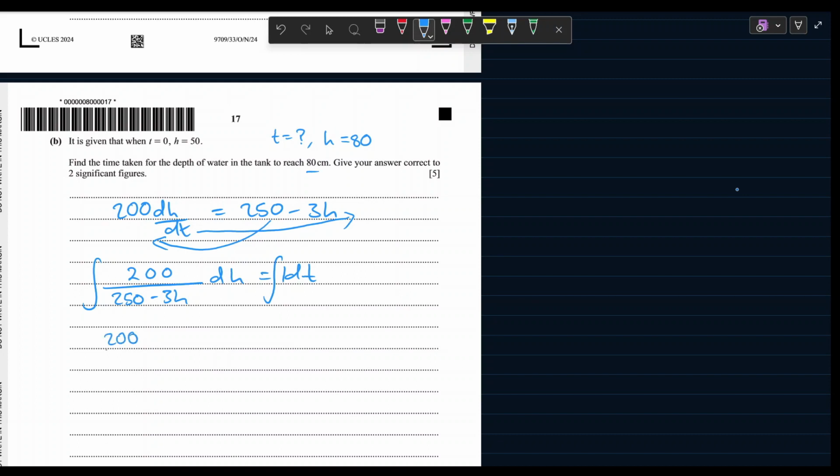So 200 divided by negative 3 ln of 250 minus 3h. What we've used is the integral of 1 over ax plus b with respect to x is equal to 1 over a ln of ax plus b. Okay. And then plus a constant of integration, and this is equal to, if you integrate 1 with respect to t, you get t.